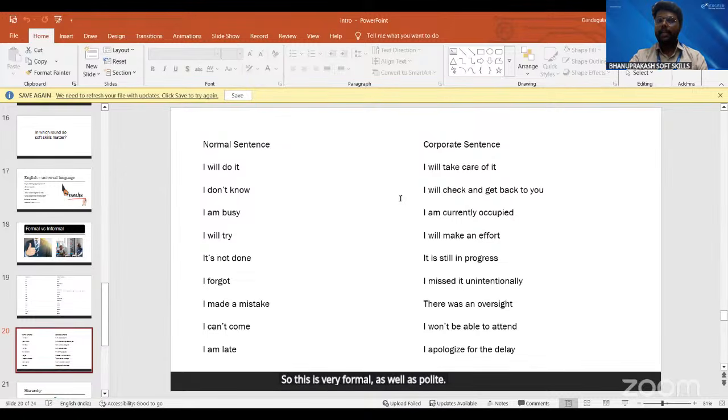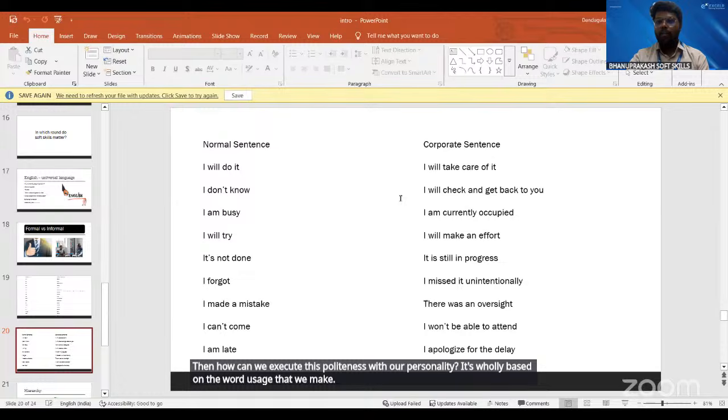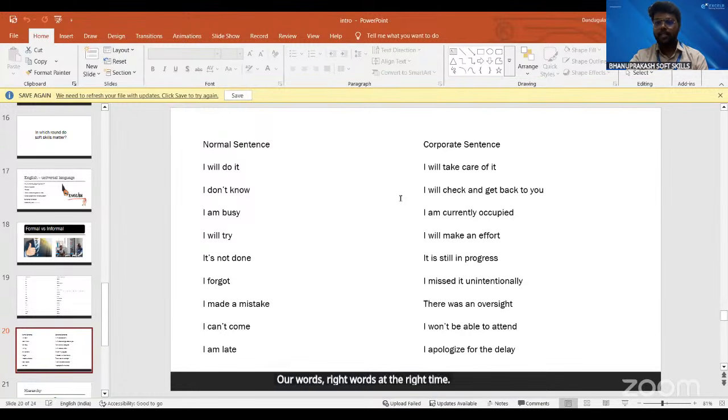I have even said that in interviews or anywhere, politeness is very important. Then how can we show this politeness in our personality? It is wholly based on the word usage that we make. The right words at the right time make the best results. Even though our intention is not to be rude to someone, our words can be.